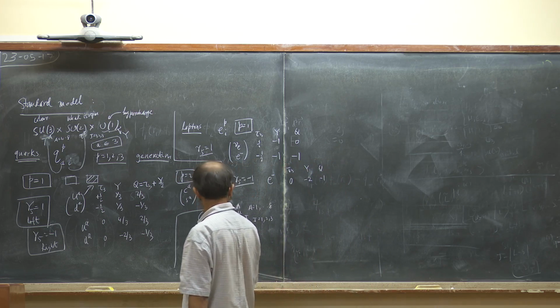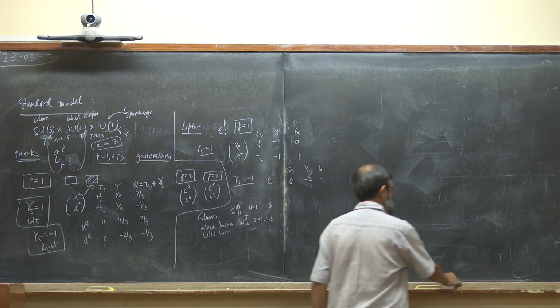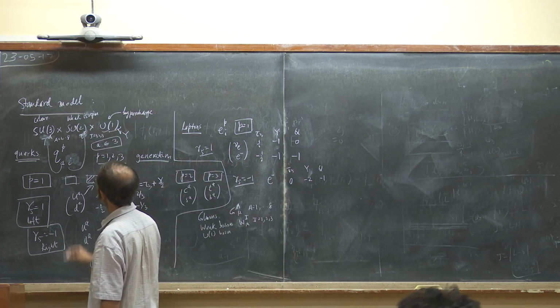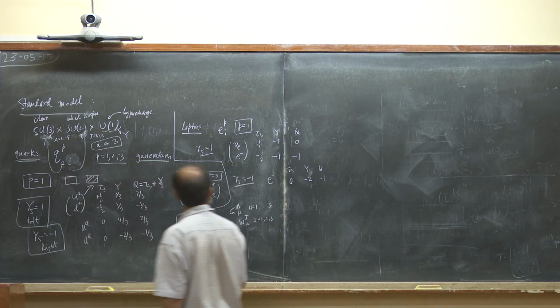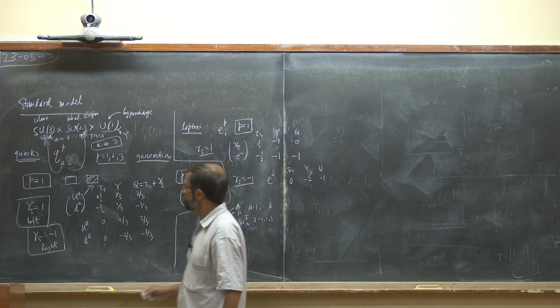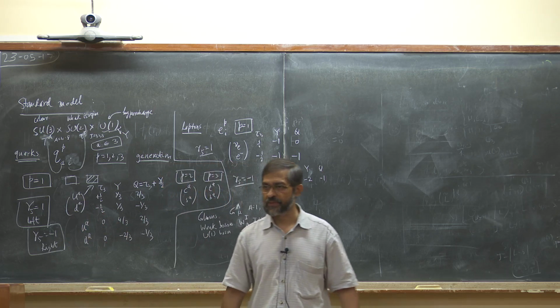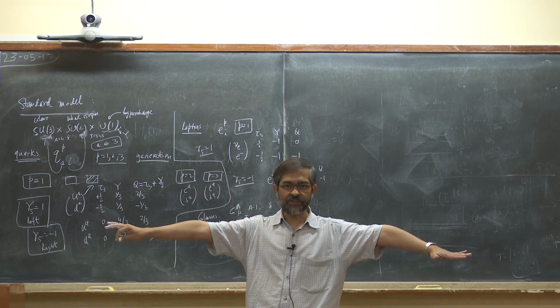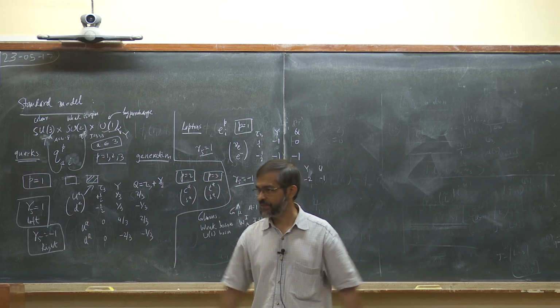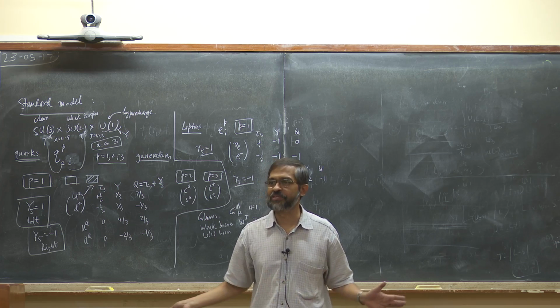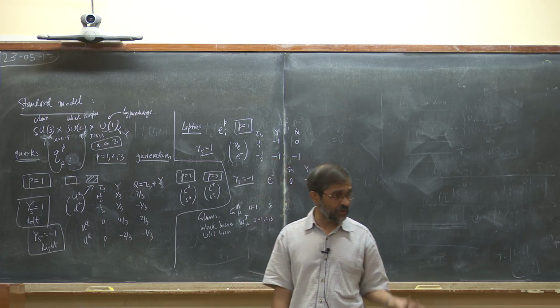By the way, when I mentioned these masses, they also appear after symmetry breaking. To begin with, all quarks are massless. In the QCD Lagrangian, there are no mass terms at all.